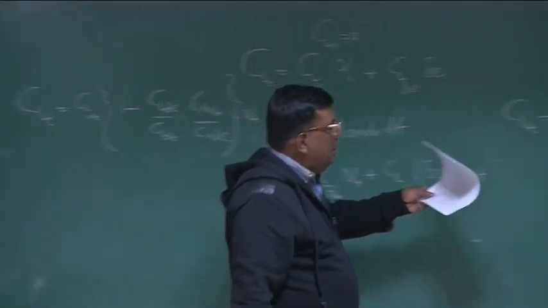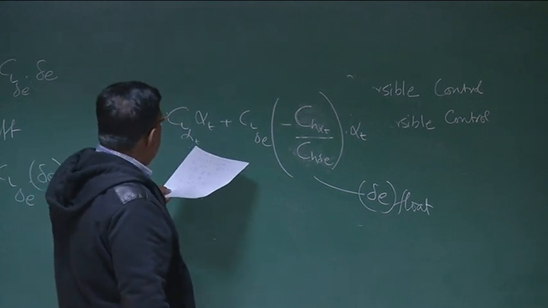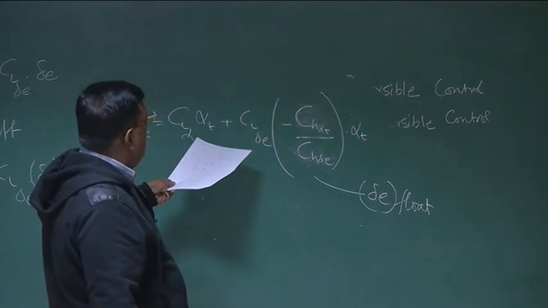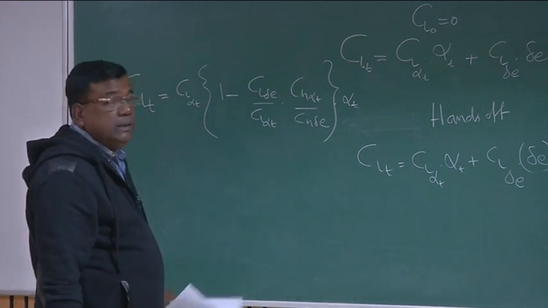From here, I have taken alpha T common, CL alpha T here, and I have taken CL alpha T also common, so that one CL alpha T will come downward, and rearrange this term. I could write it like this.